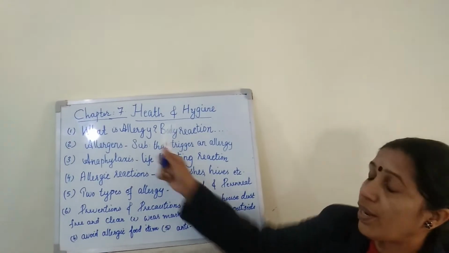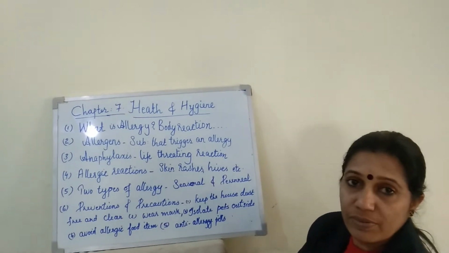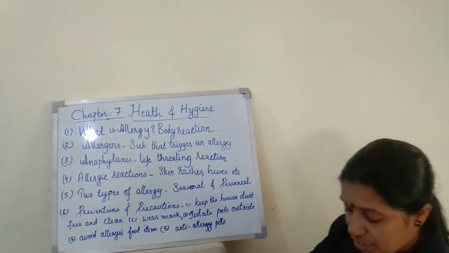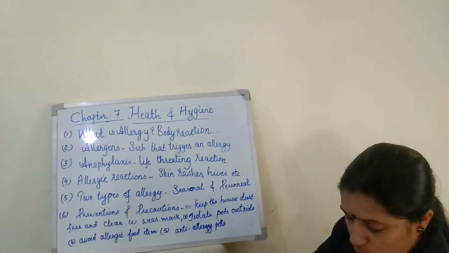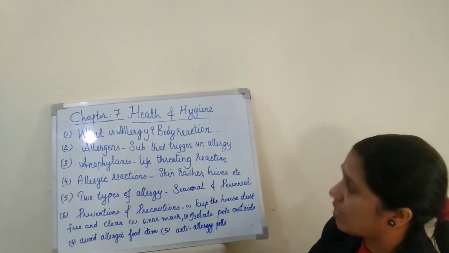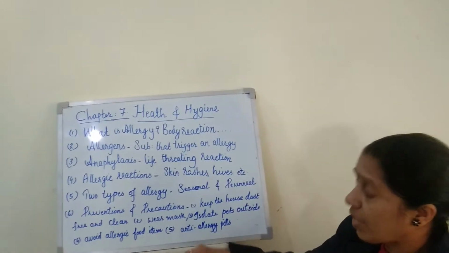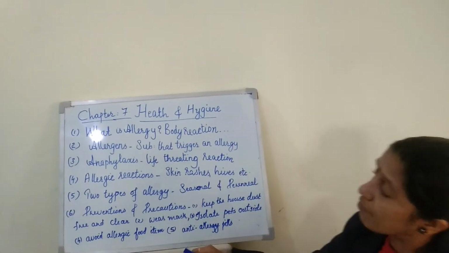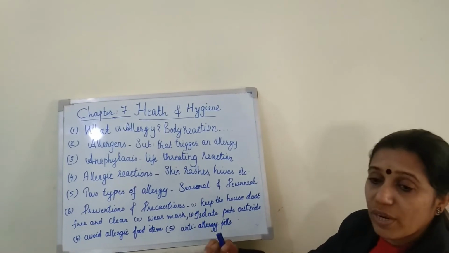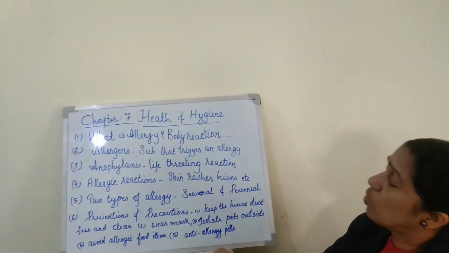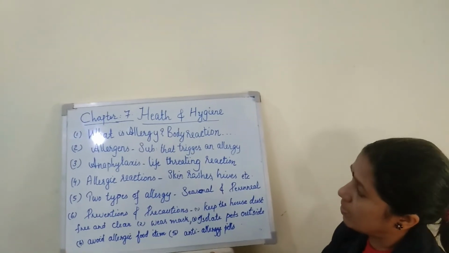And we know that allergy can affect anyone in any age group, that means regardless of age, gender or socio-economic status. I repeat, allergy is a type of body reaction that can affect any person or any age group, regardless of age, gender or socio-economic status.